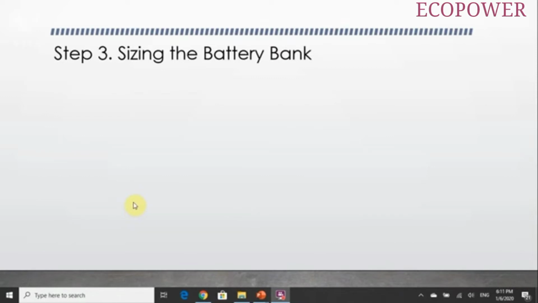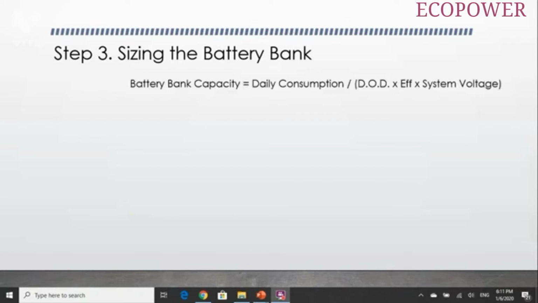Step number 3, that will be sizing the battery bank. The battery bank capacity depends on 4 factors, namely the daily power consumption, the depth of discharge or DOD of the battery, the efficiency of the battery, and lastly the system voltage.